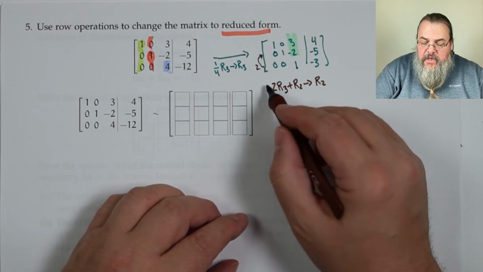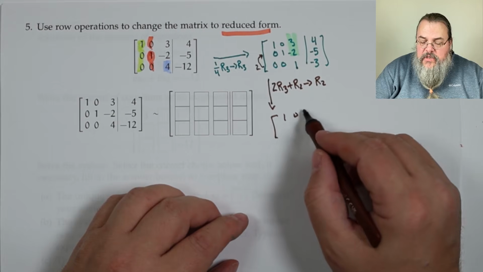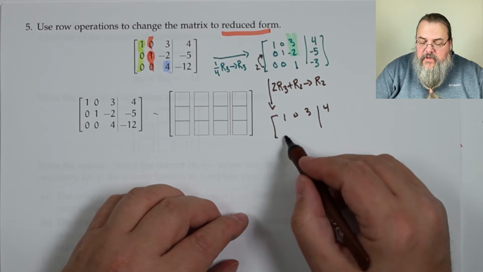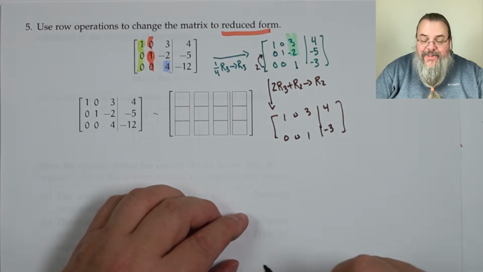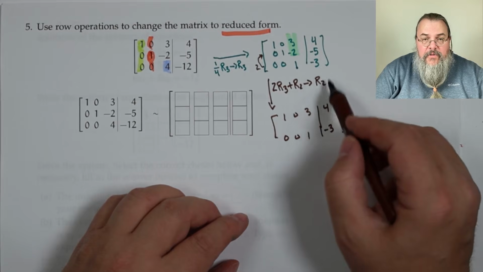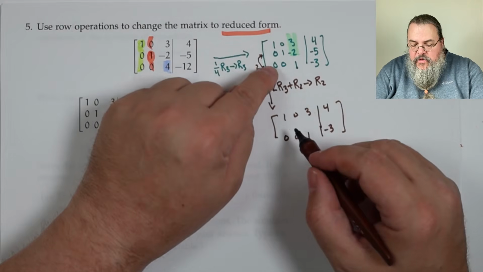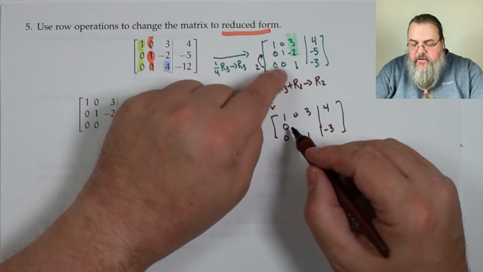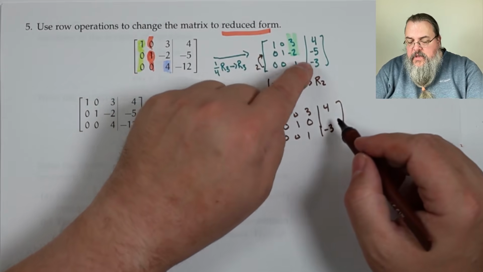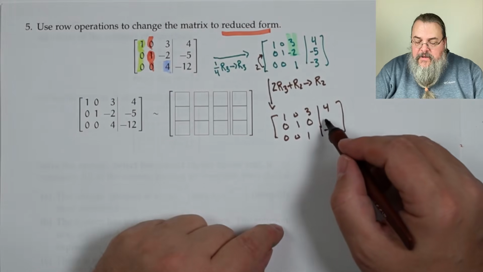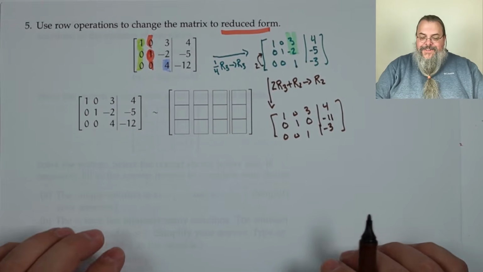Doing that, we're not touching the first row or the last row. The only thing being affected is row 2, because that's the one being updated. So 2 row 3 plus row 2: 0 plus 0, 0. 0 plus 1, 1. 2 plus negative 2, 0. Negative 6 plus negative 5, negative 11. All right, good.